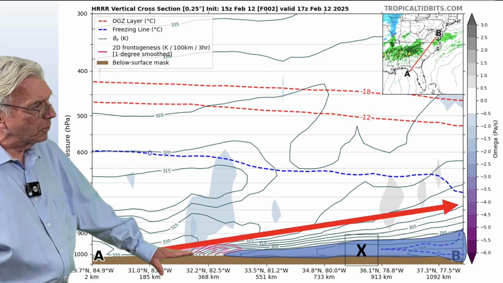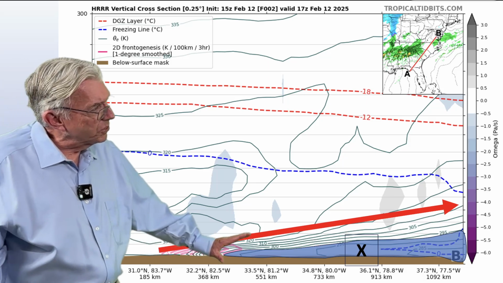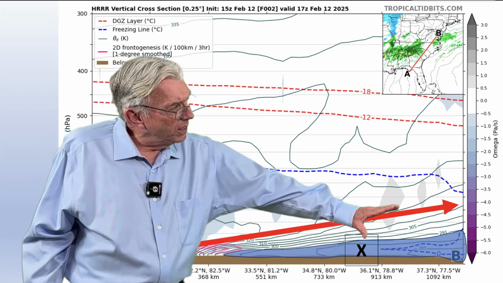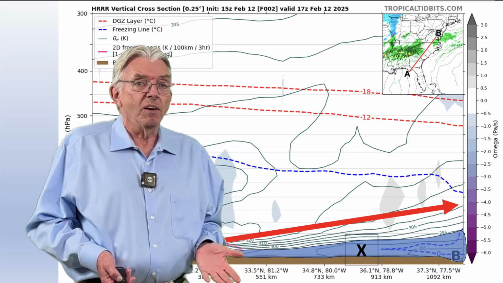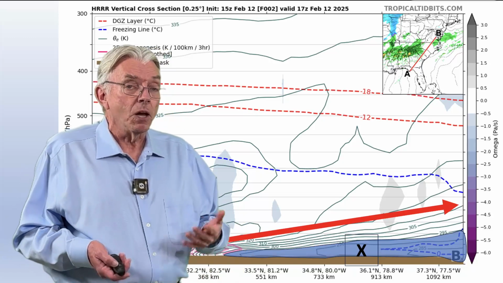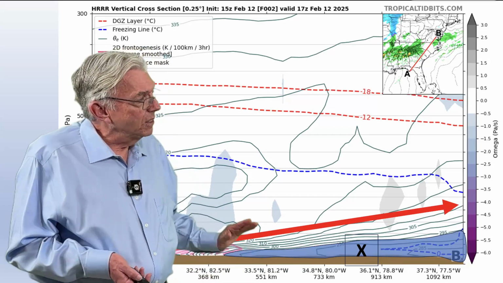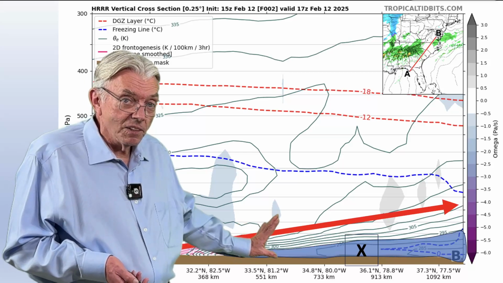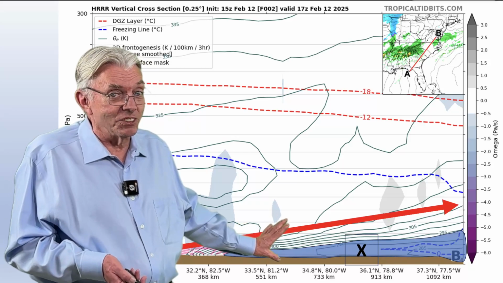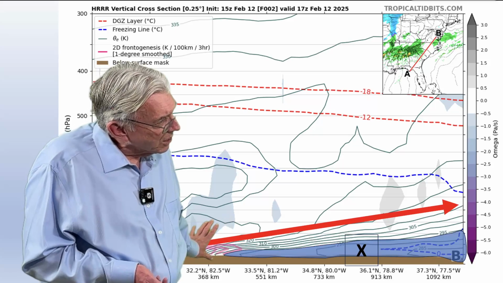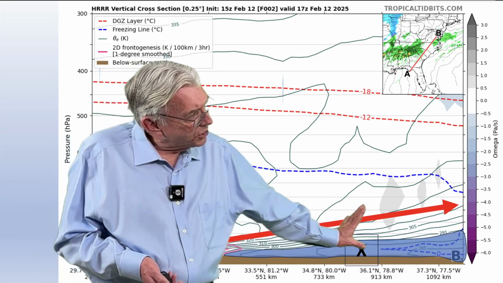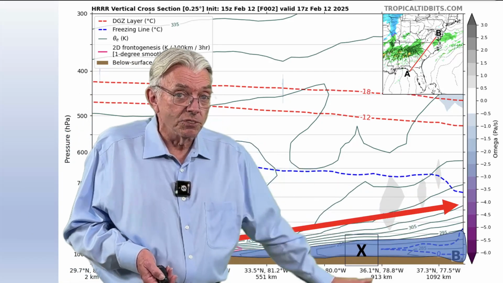So it's going to approach the front, and then the isentropes are going to be tilted, and it's going to go up and over that. And this is why you have a large area of steady precipitation north of a warm front, because you have gentle ascent, okay? Now, if the air is moist, you can still get some pretty heavy rain or snow or whatever, but basically it's a large-scale ascent that extends over an extended distance, okay?